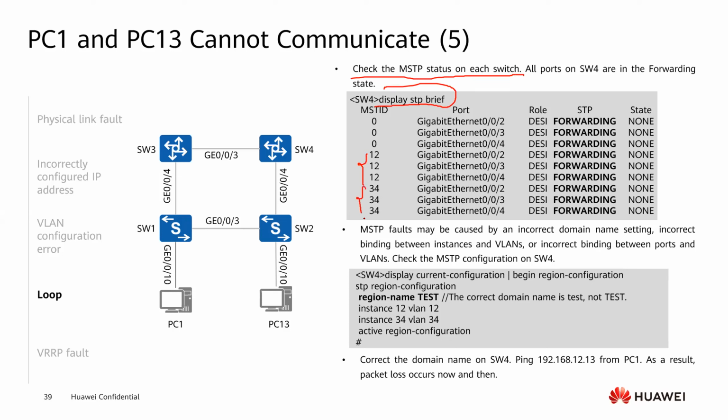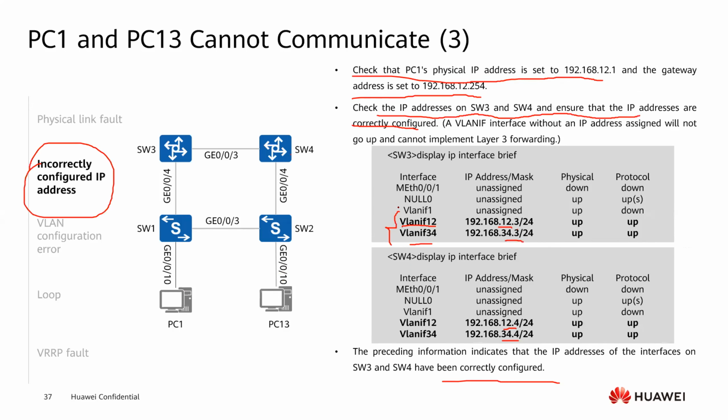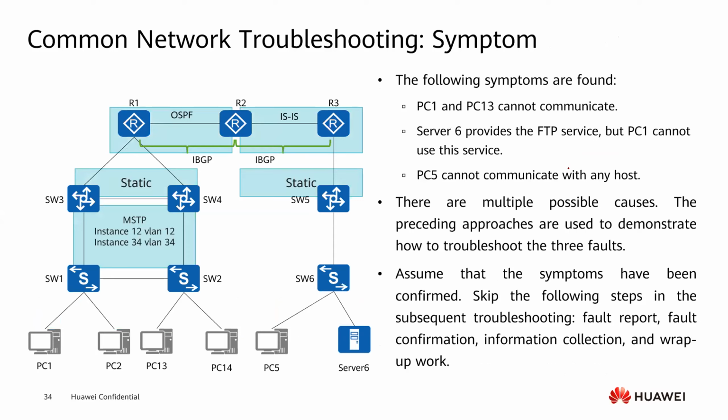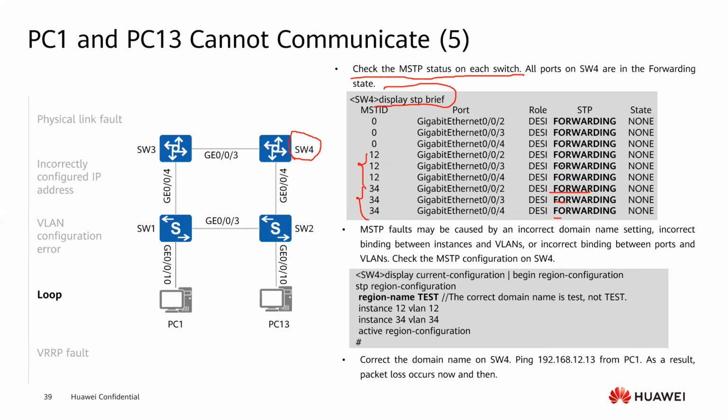We find on SW4 all the interfaces are in forwarding state. This means SW4 is the root bridge for all instances, but for the data plane, for instance 12, we want SW3 as the root bridge. So the MSTP state doesn't match the data plane.